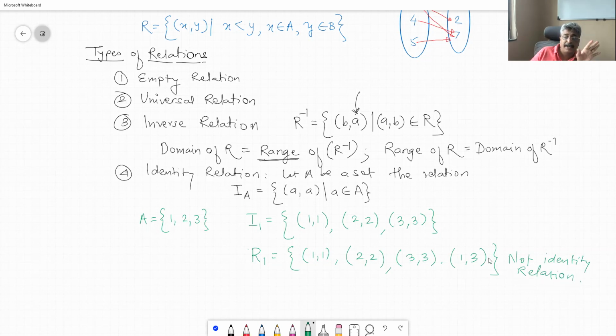Okay, so essentially in an identity relation, you have to have all the possible ordered pairs which are the same numbers, A comma A. So suppose you have another relation R2 where you have only two of them, then this is also not identity. Okay. You have to remember this.